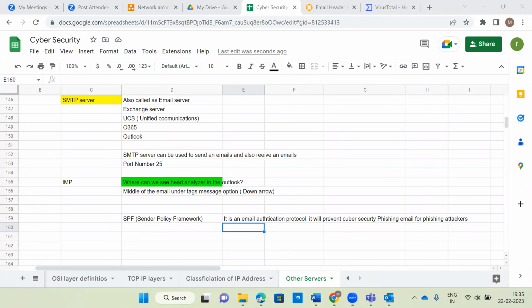So what does SPF exactly do? It allows our company to specify who is allowed to send emails on behalf of your domain.